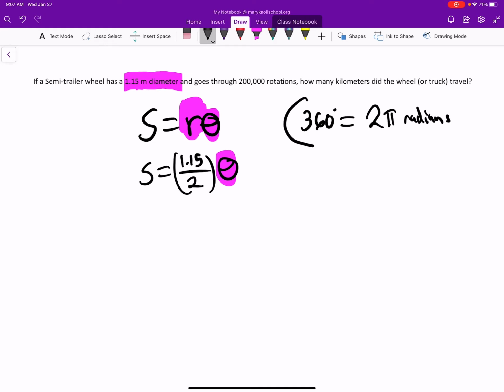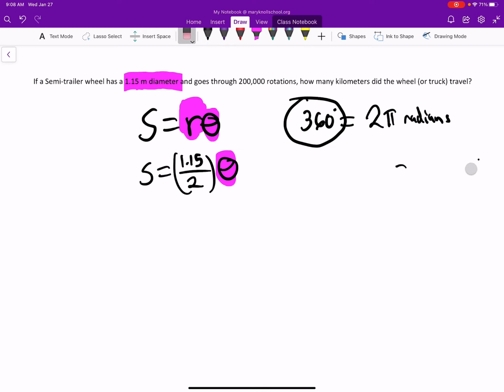You could take this 360 degrees and replace it with one rotation. One rotation equals 2 pi radians. Or you could say that's 360 degrees, right?